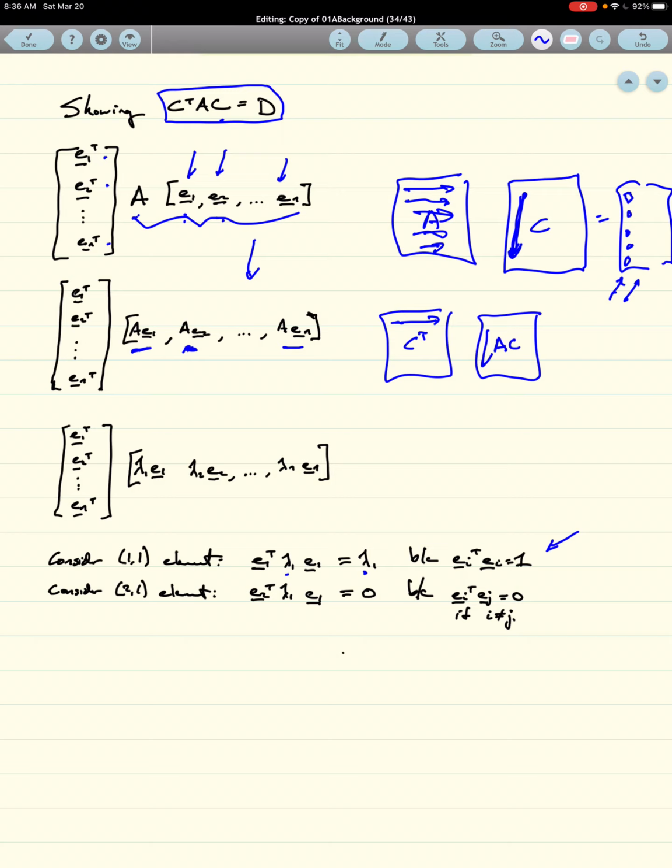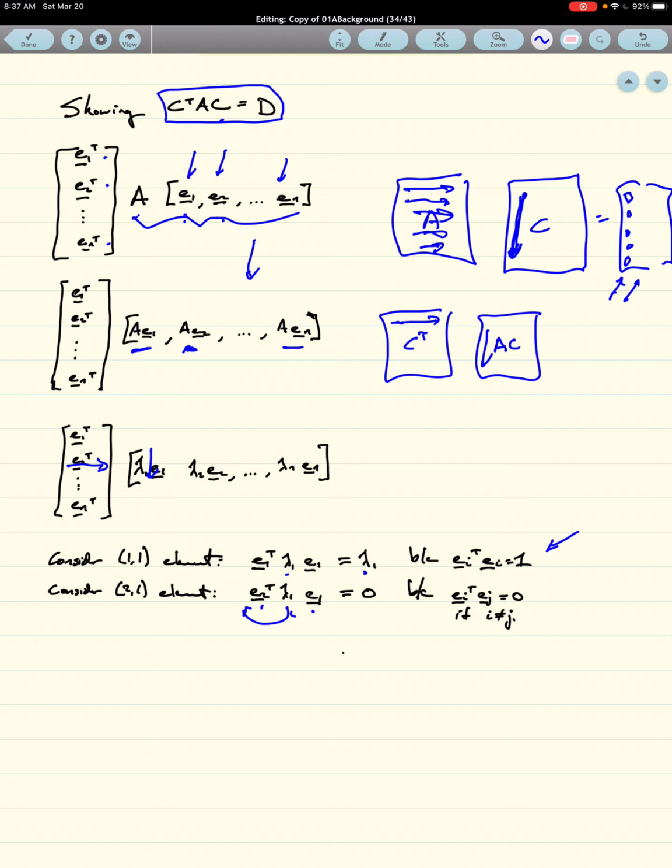If I consider any cross element, the 2, 1 element would be going across row 2 and down column 1. Well, that's going to be E2 transpose lambda 1 E1, and I can again pull my lambda 1 out because it is a scalar. And E2 transpose times E1 is going to give me 0.